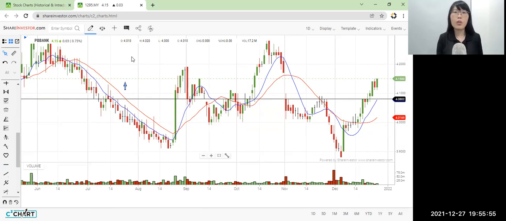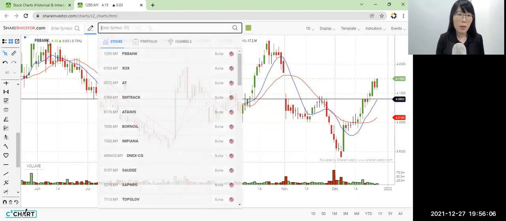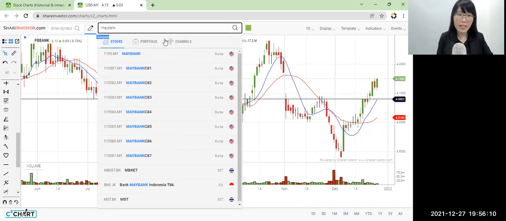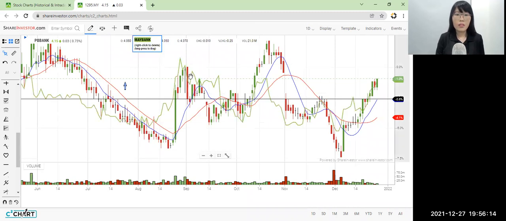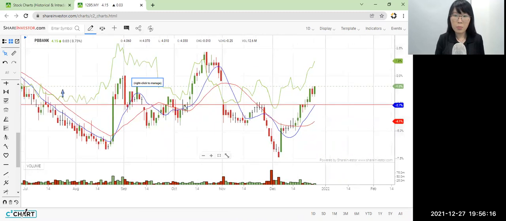Then if you want to compare the chart with its peers, you can click on the compare icon. So this is Public Bank. If you want to compare with Maybank, you can type Maybank. So you can compare the chart with Maybank.